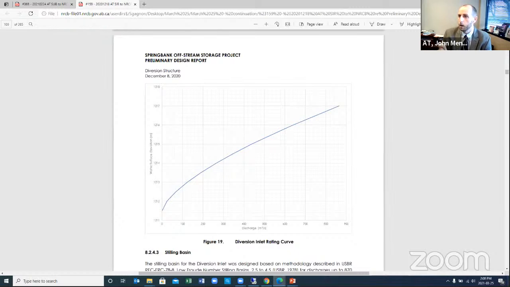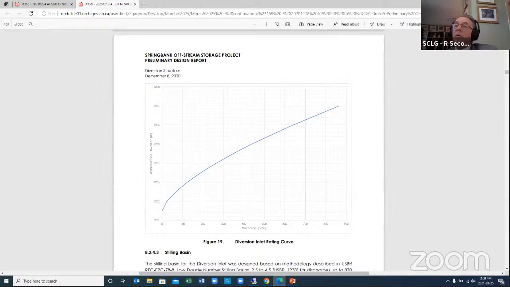So our goal then would be to use the gates of the service spillway to produce a water surface elevation of 1215.8, which represents 600 cubic meters per second going through the diversion inlet.